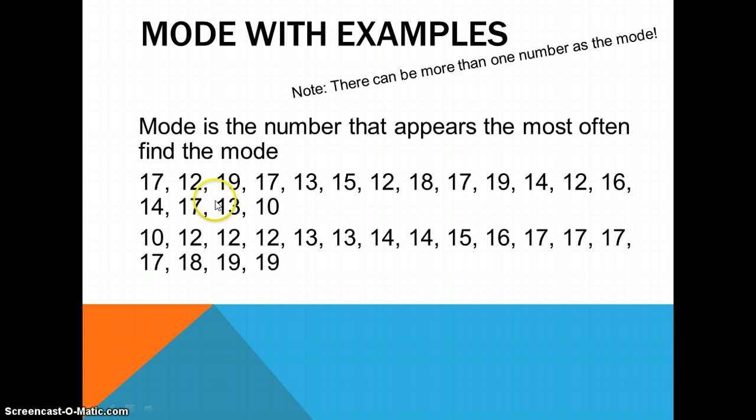So we can see that there are 3 12s here, so that might be it. So there's 2 13s, still 12s, 2 14s, only one of those. But wait, there's 1, 2, 3, 4 17s, and then everything else is less multiples of that. So that means that our mode is going to be 17.